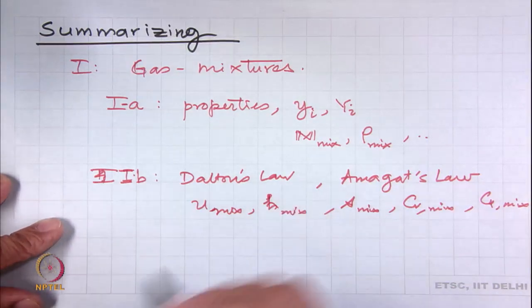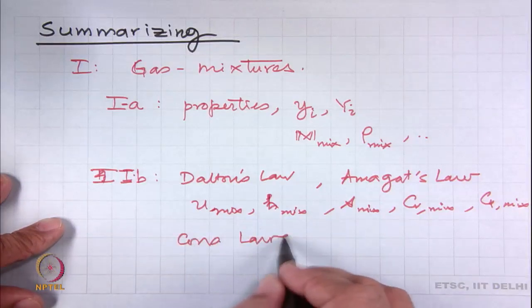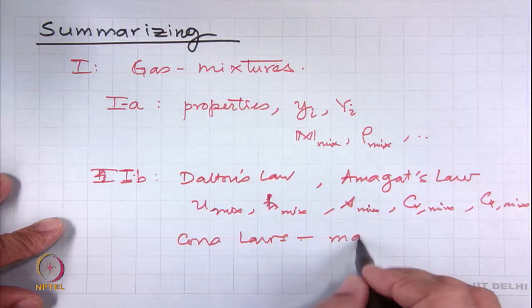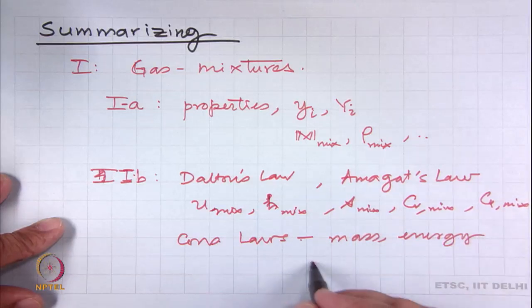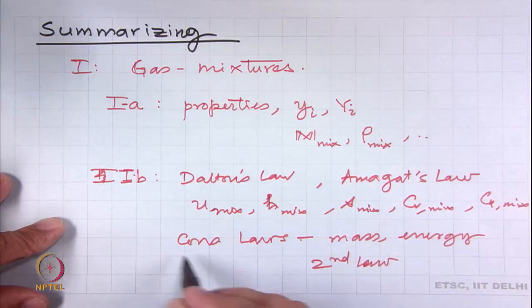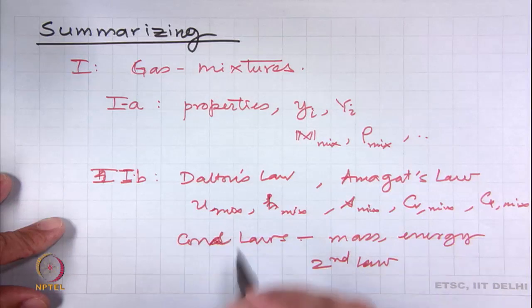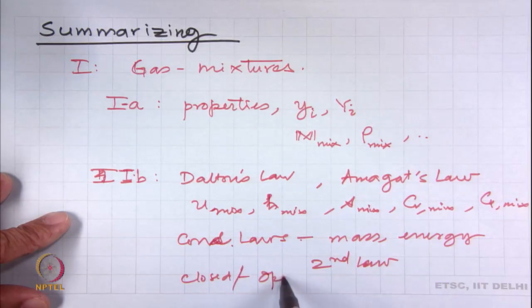And then we went to the next stage where we got the conservation laws, conservation of mass, energy and the second law, and we applied these and developed them for a closed system and for an open system.